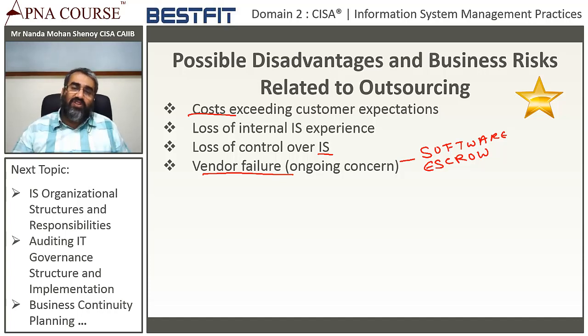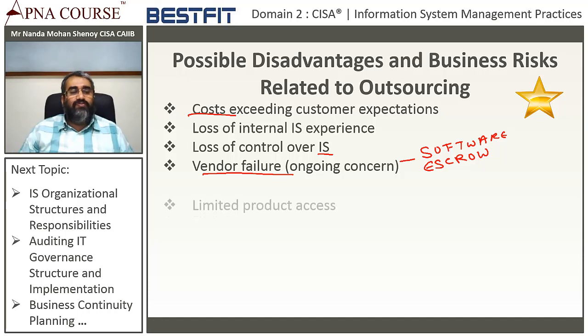It is the job of this third party, who holds the entire source code in an escrow account, that if the software vendor goes bankrupt or is beyond repair, based on certain terms and conditions of the escrow agreement, the escrow provider will pass on the source code to the bank. So a typical escrow agreement will be between 3 parties: the bank, the software vendor and the escrow provider. This is one way of managing the business risk related to outsourcing.